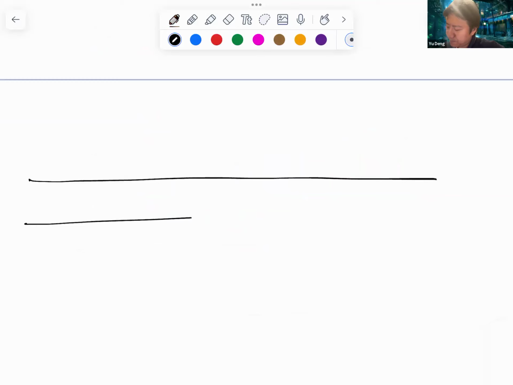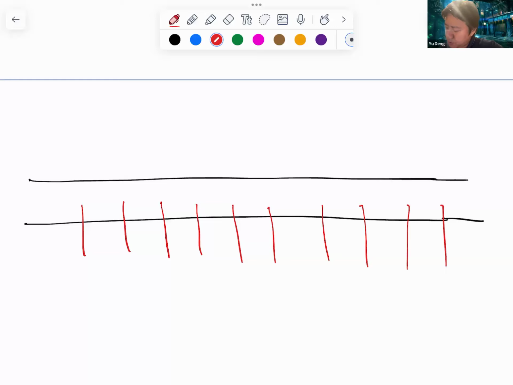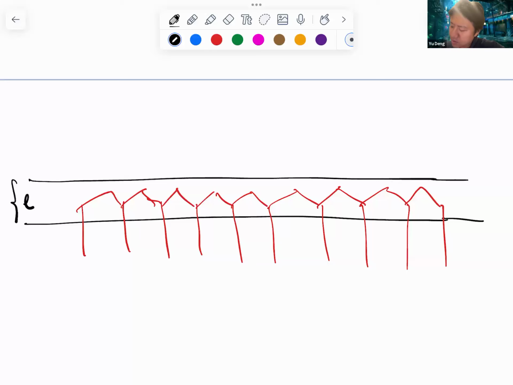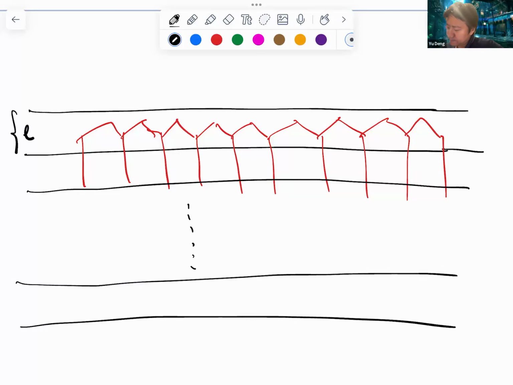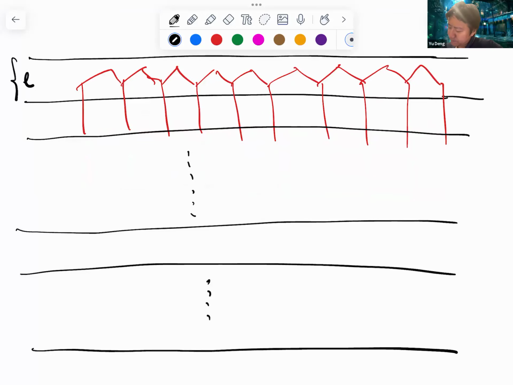So let's draw it again. We know they are connected here, which we don't need to worry about. This is layer L. We go to the next layer and next, down to 0.